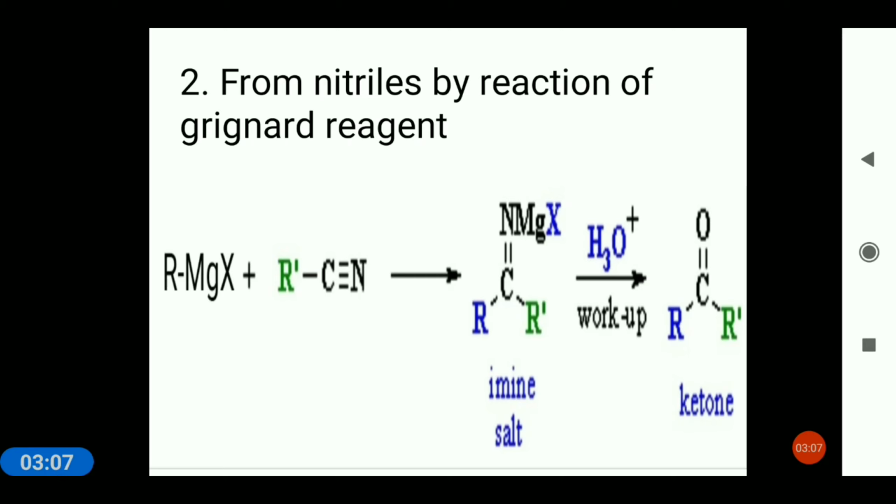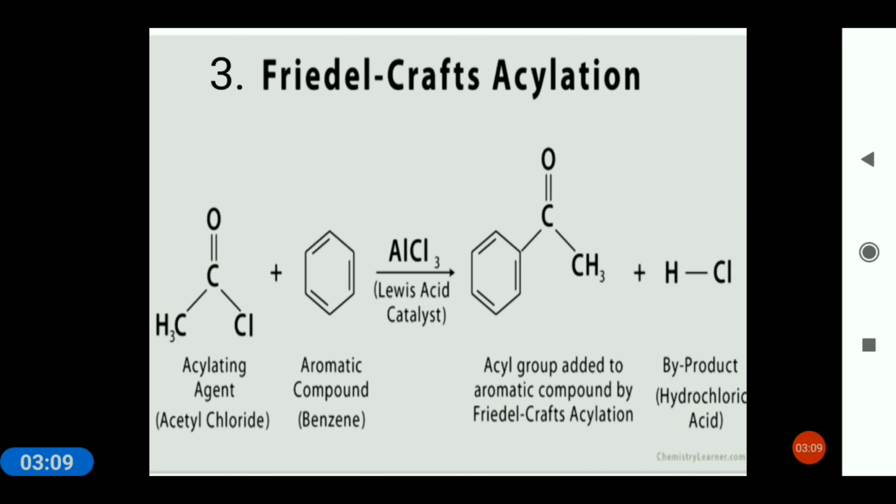Now next is the Friedel-Crafts acylation. This is a very well-known reaction, and this is one of the most convenient and widely used methods for the preparation of aromatic ketones, in which ketonic group is directly attached to at least one aromatic ring, and it involves the treatment of aromatic hydrocarbon with an acid halide in the presence of Lewis acid such as anhydrous AlCl3.